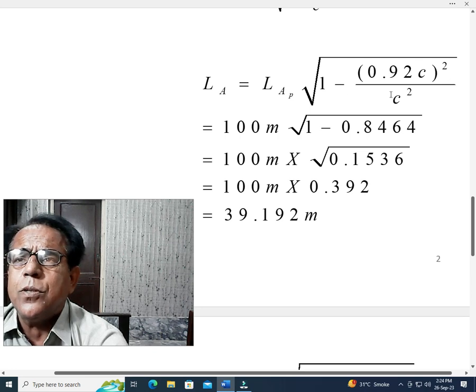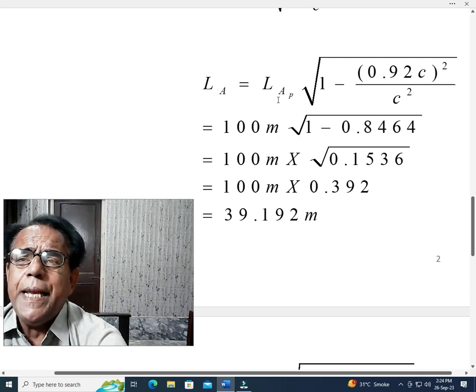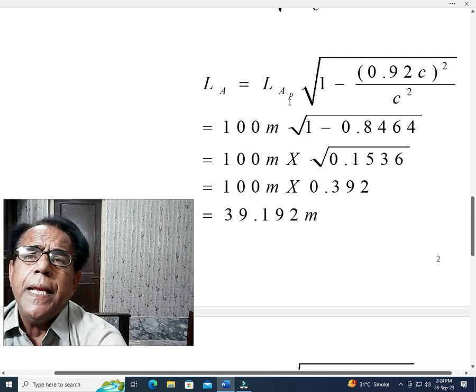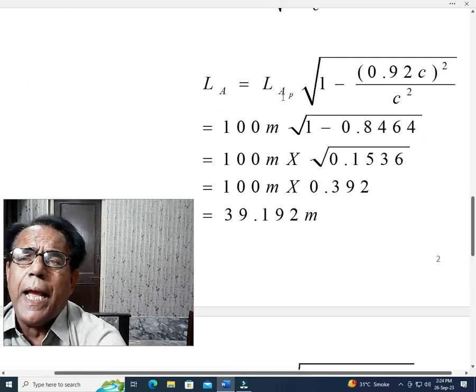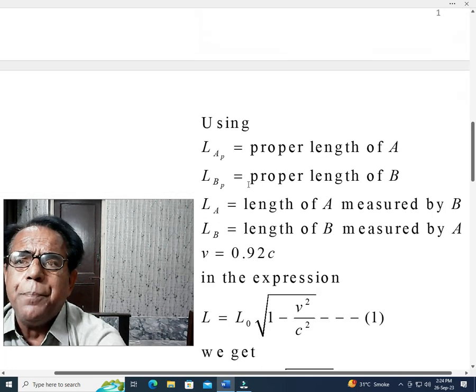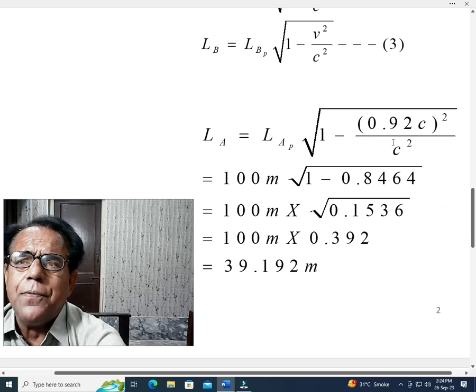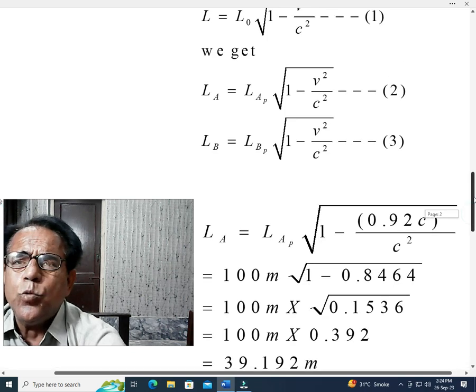We know the value of L_AP, the proper length of A, and this is given in the statement as 100 meters. L_AP is equal to 100, while V is given as 0.92 c, while L_A is to be found.